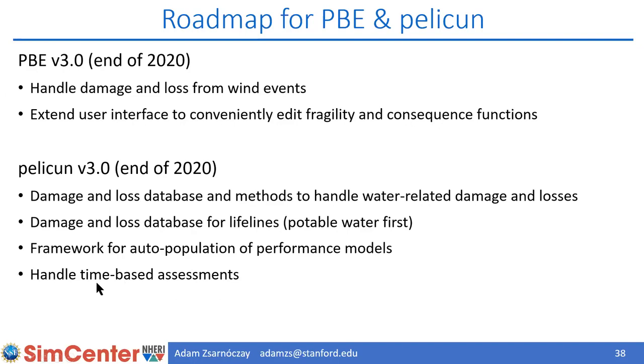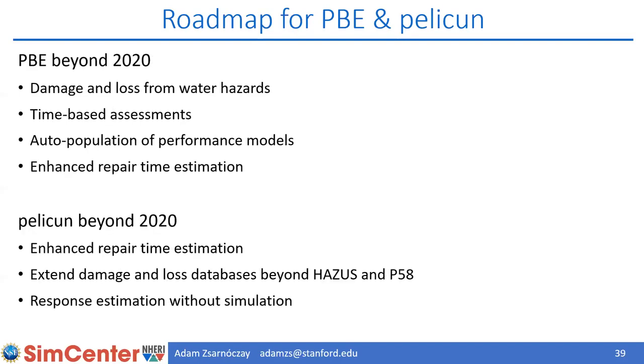And finally, time-based assessments are an important step to include in Pelican so that you don't have to run separate sets of EDPs when you want to do such an assessment, but we will take care of aggregating such results.